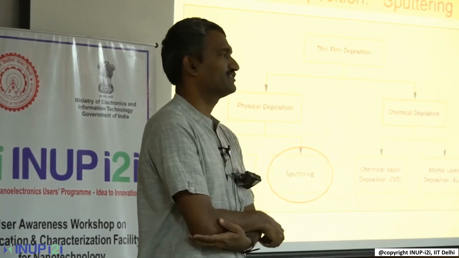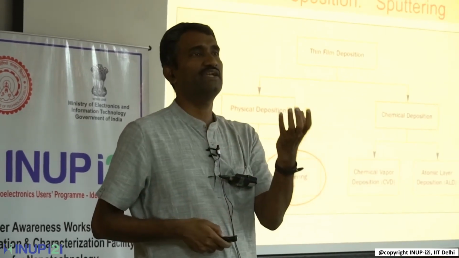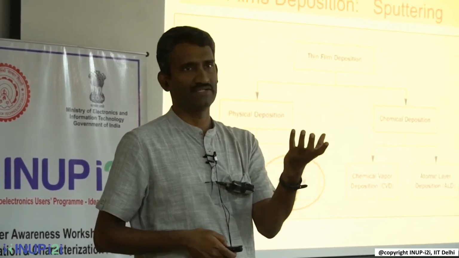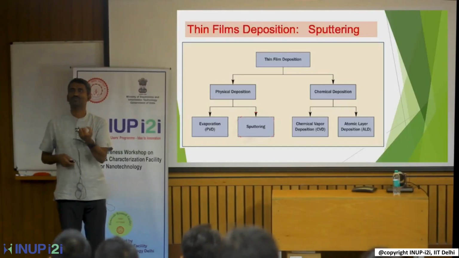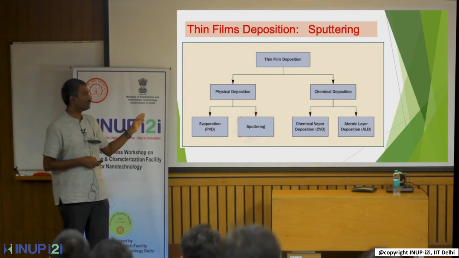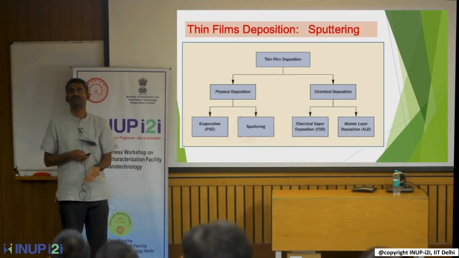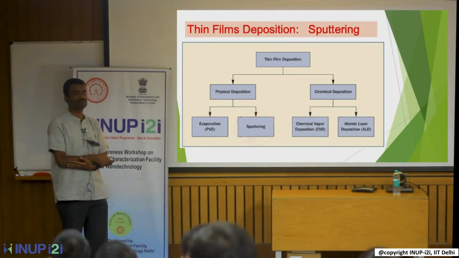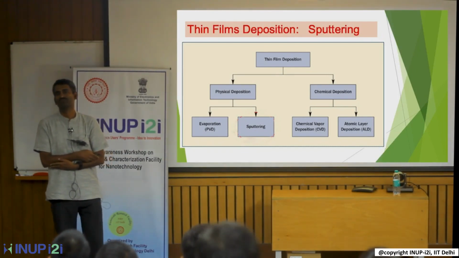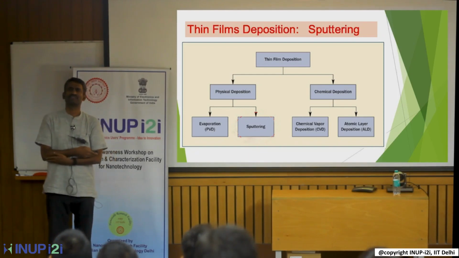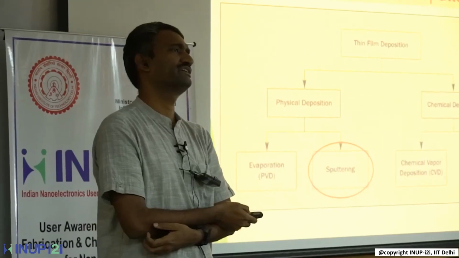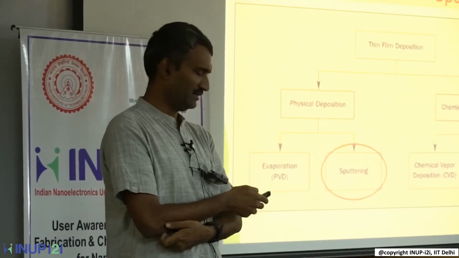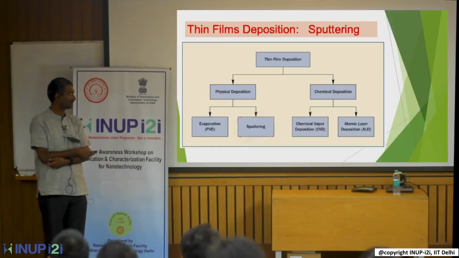But in sputtering, suppose there are materials which you cannot evaporate, and you still want to make the film. This is one approach to make thin films, for example from an insulator or high melting point materials, which you can sputter out to make thin films.